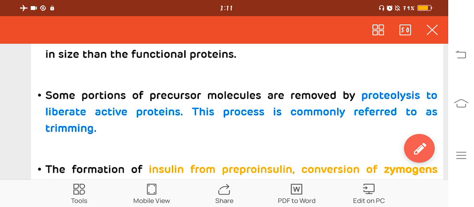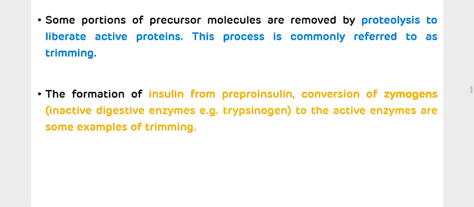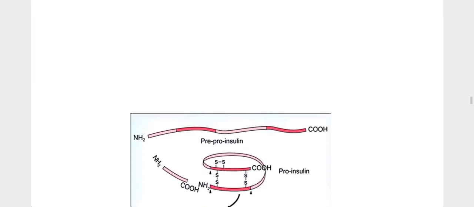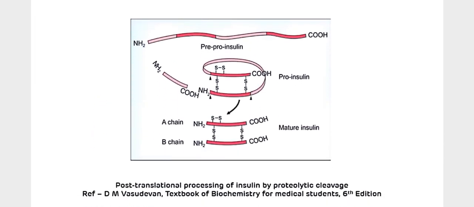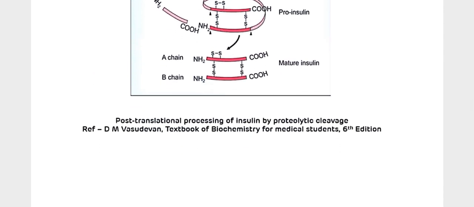This process is commonly referred to as trimming. The formation of insulin from proinsulin, and conversion of zymogens, inactive digestive enzymes like trypsinogen, to the active enzymes are some examples of trimming. Proinsulin, mature insulin: post-translational processing of insulin by proteolytic cleavage.